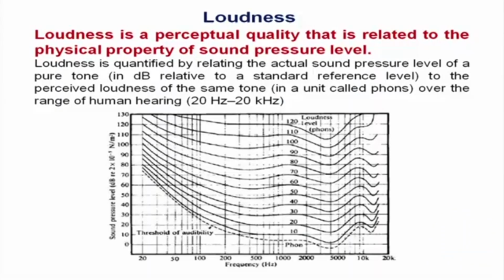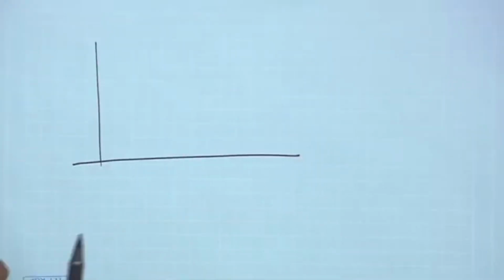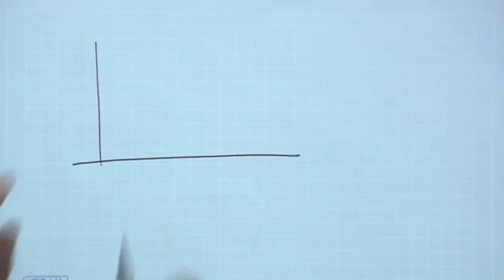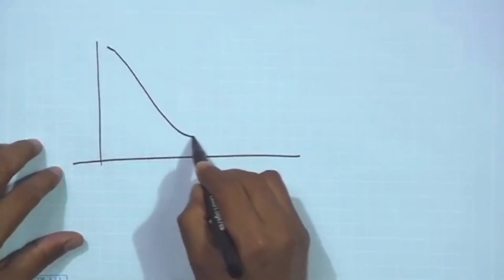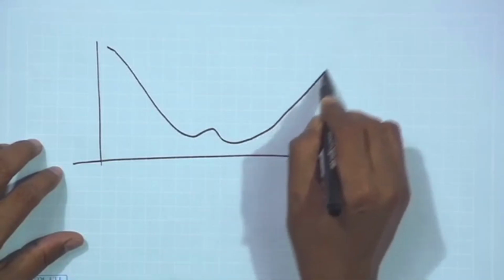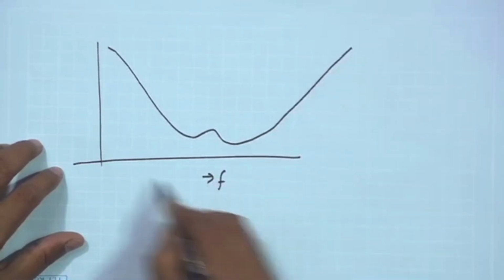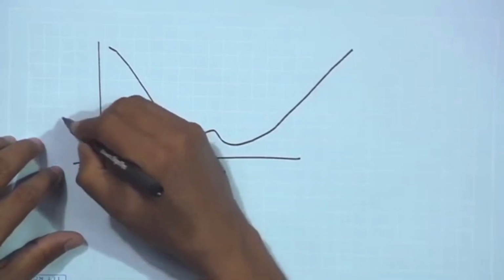Now, if you remember the combined frequency response of the outer ear and middle ear, it looks like this. This way is the frequency, this way is the loudness in dB.